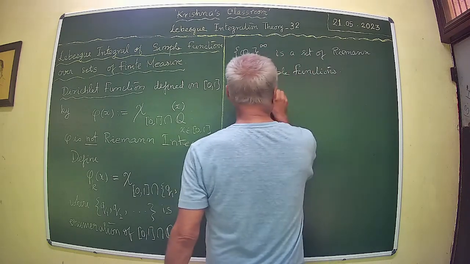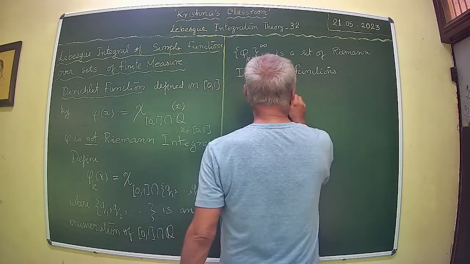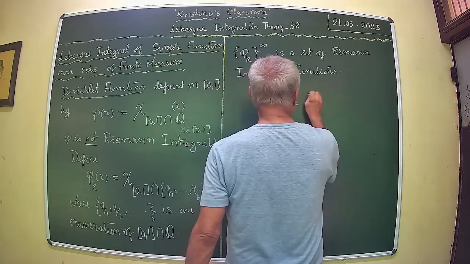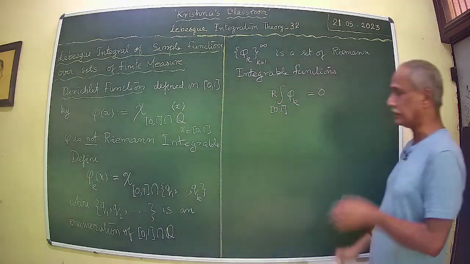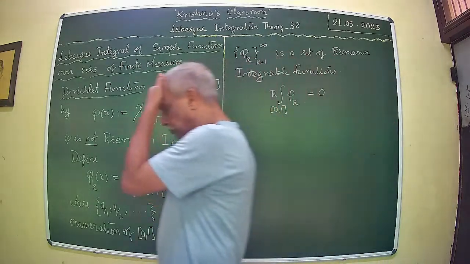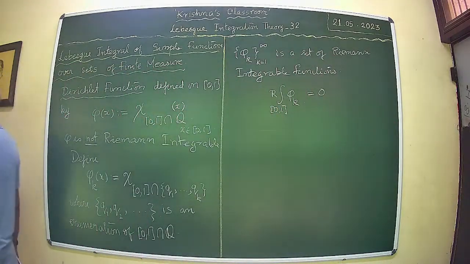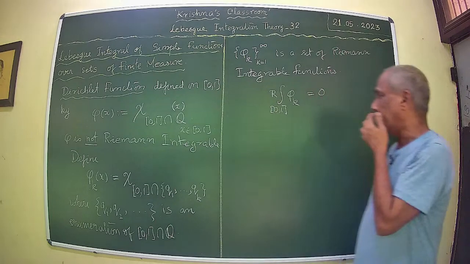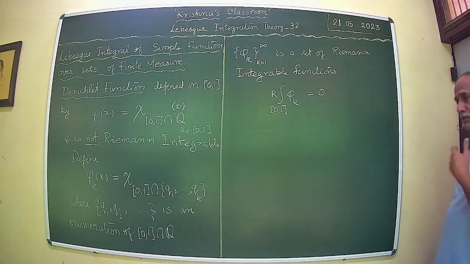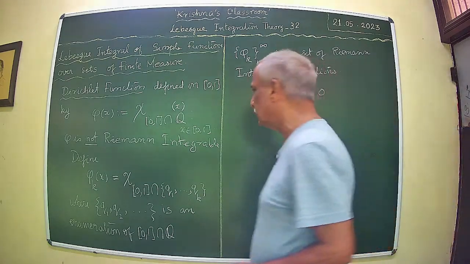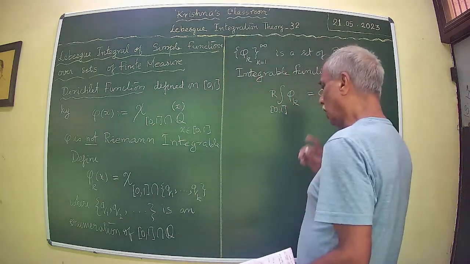And the Riemann integral of each is going to be 0, because it is only at a finite set of points that this function has discontinuity. Except at a finite set of points, everywhere else the function is 0. Therefore, this Riemann integral is going to be 0.